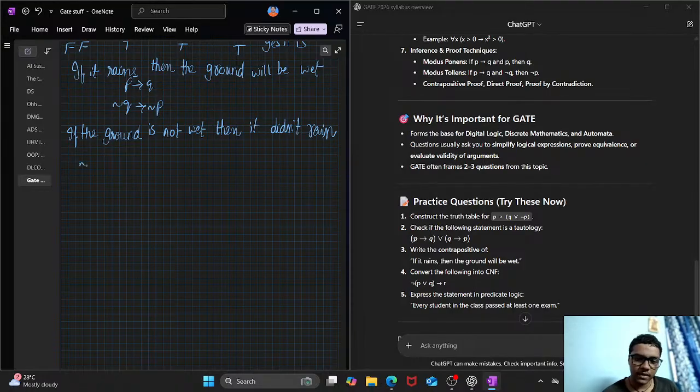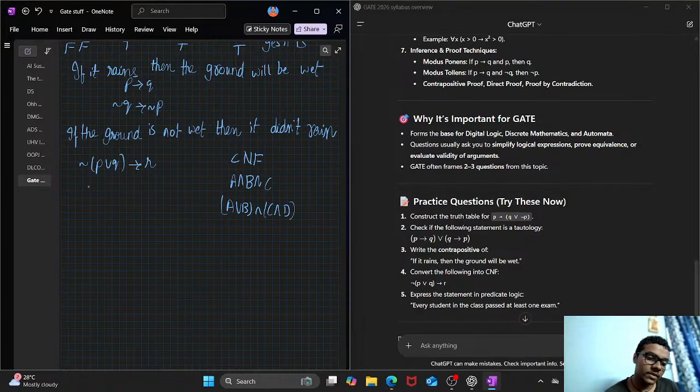So you have to convert it to CNF: negation of P or Q implies R. CNF is conjunctive normal form, where conjunction is like AND, so it is of this form: A or B, and C or D, something like that.